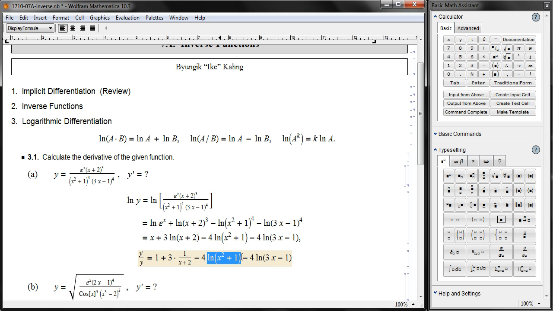Next, the derivative of this is 1 over x squared plus 1, but by the chain rule we have to multiply the derivative of the inside. That's 2x. How about this one? The derivative of the outside is 1 over 3x minus 1, multiplied by the derivative of the inside. That's 3.